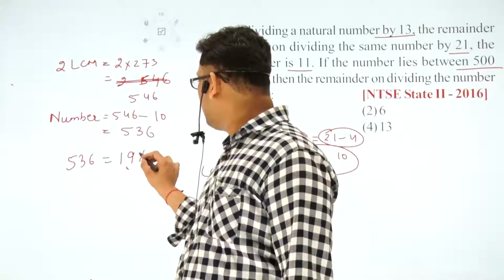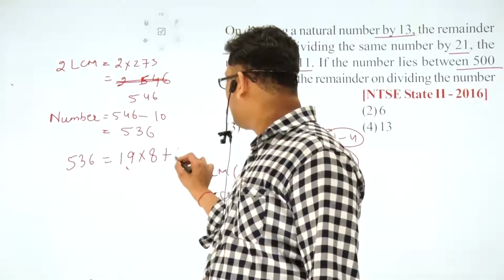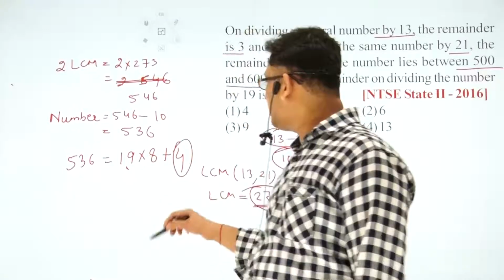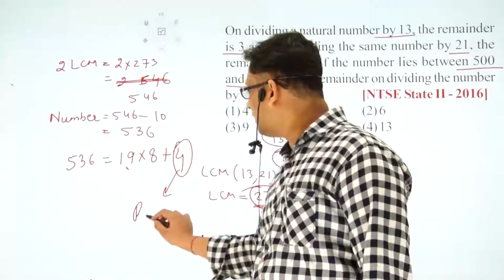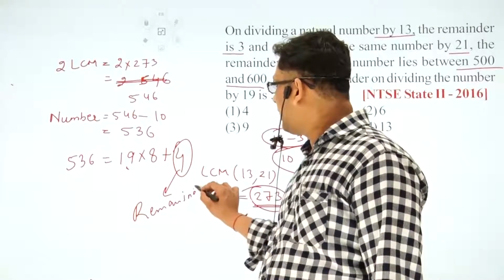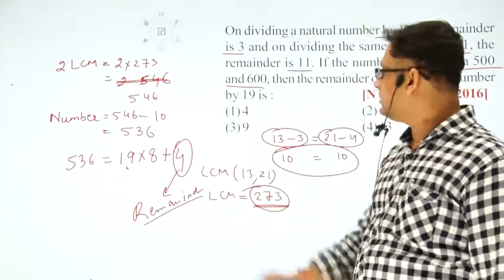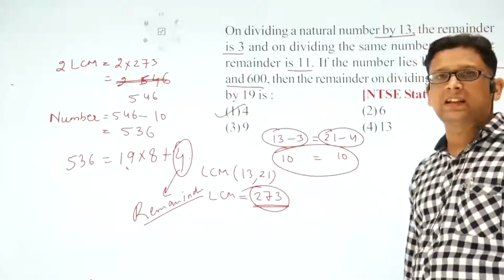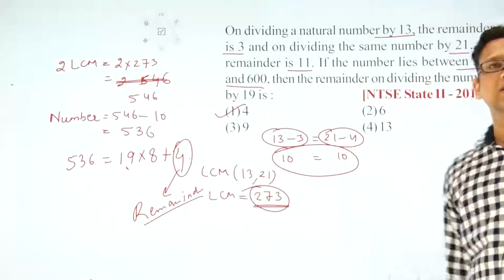It goes 8 times and leaves the remainder 4. So when the number is divided by 19, it gives the remainder 4. So the first option is the correct answer for the given question.